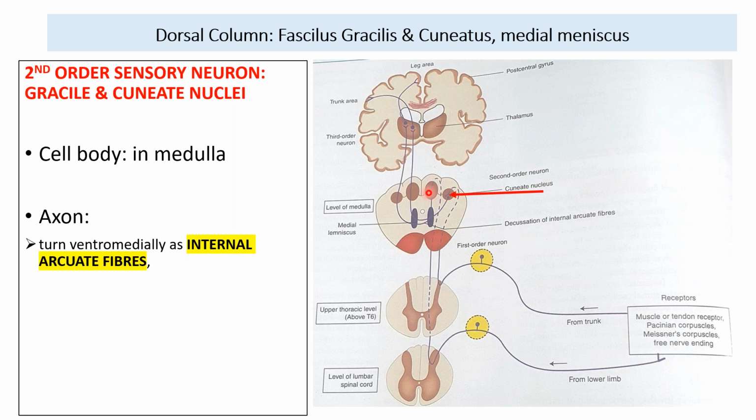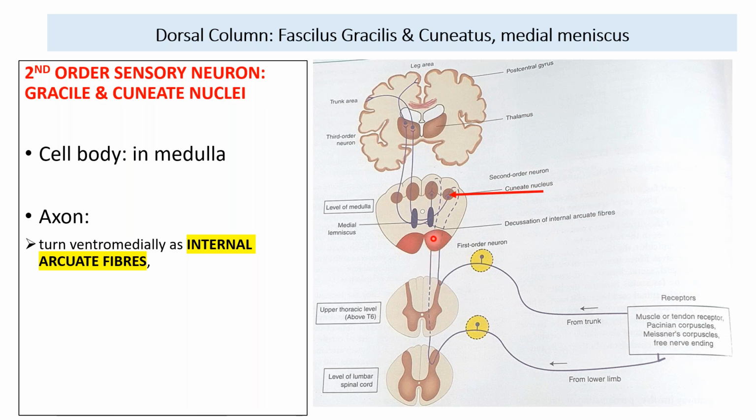So this is the level of the nucleus gracilis and the nucleus cuneatus in the lateral aspect. So we are thorough till this point that the fasciculi were ascending up. The more lateral ones, remember, were the fibers from the upper part of the body, and the more medial ones were from the lower part of the body.